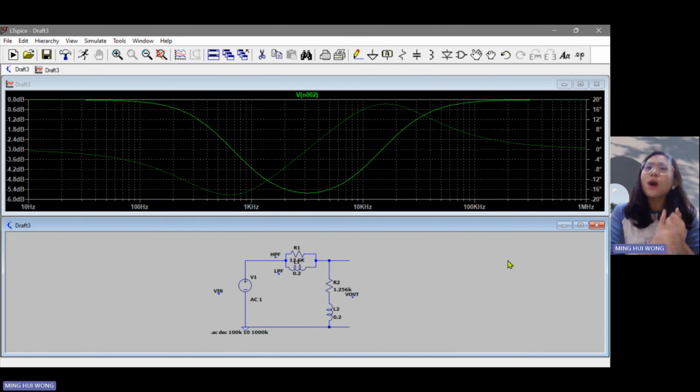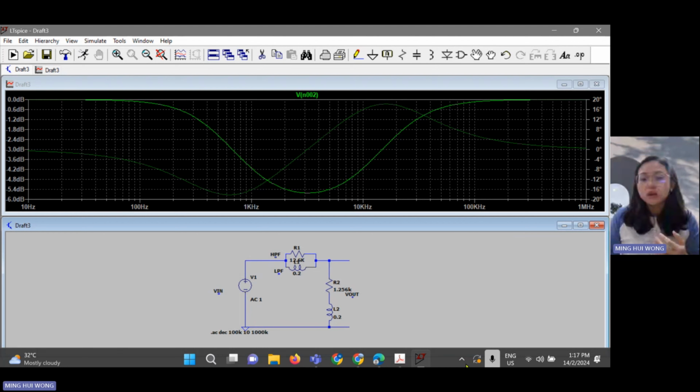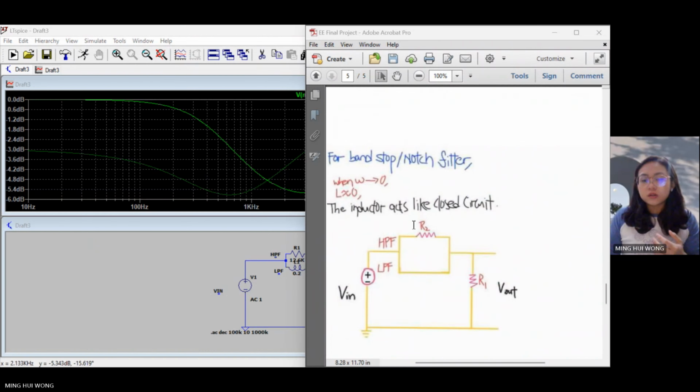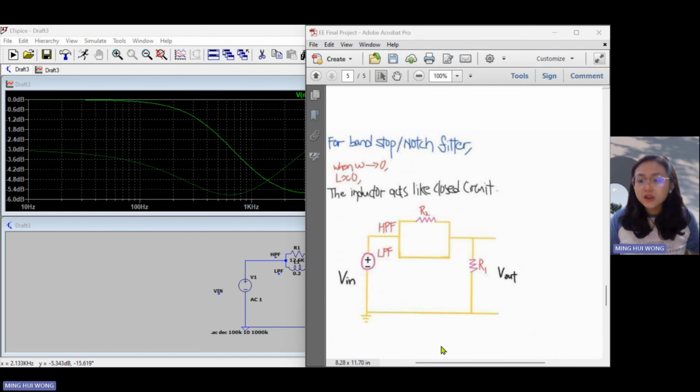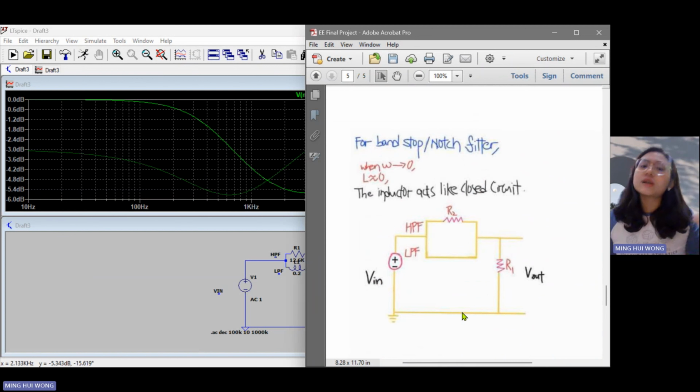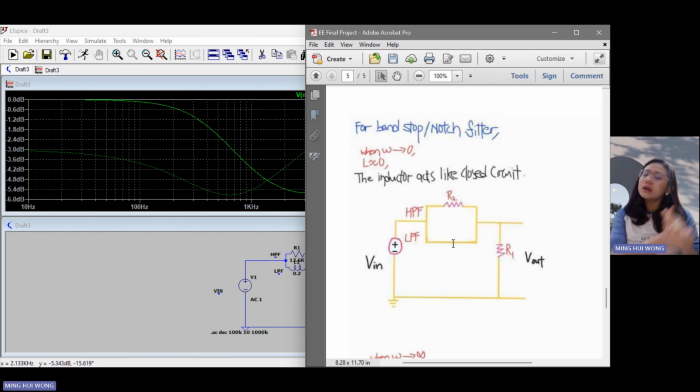What is the concept of a bandstop filter? For a bandstop filter, also known as a notch filter, when angular frequency equals 0, the inductive reactance is approximately 0, the inductor acts like a closed circuit, so currents can pass through all the way.